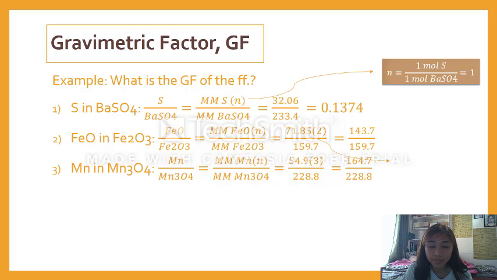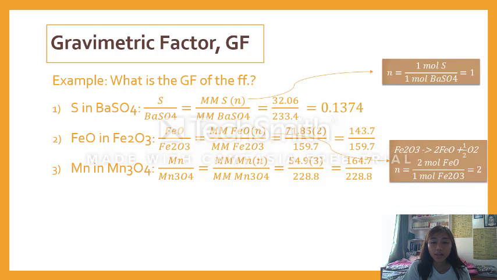Then we can get the N using the stoichiometric ratio between FeO and Fe2O3. Here you can see the reaction. For 1 mole of Fe2O3, we can get 2 moles of FeO. So N is equal to 2 moles of FeO over 1 mole of Fe2O3. So our N is 2.